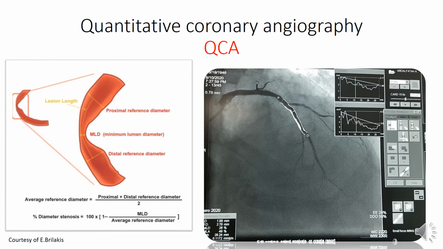If it is a 6 French catheter, that means it is about 2 millimeters. The first step is to calibrate the catheter by putting a marker on it. Then we determine the area of interest, and automatically it gives us an assessment of the lesion severity in comparison with the proximal and distal reference using this calculation.